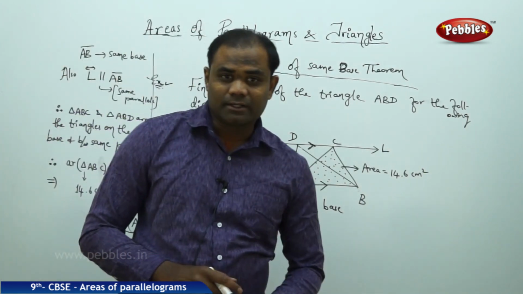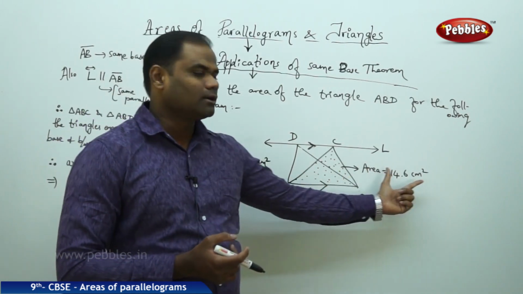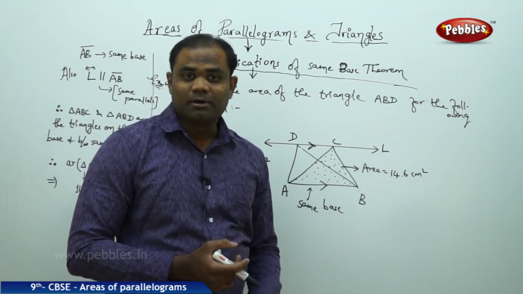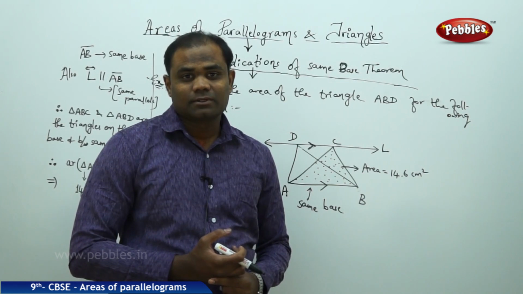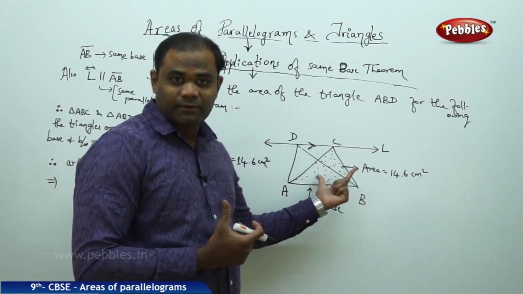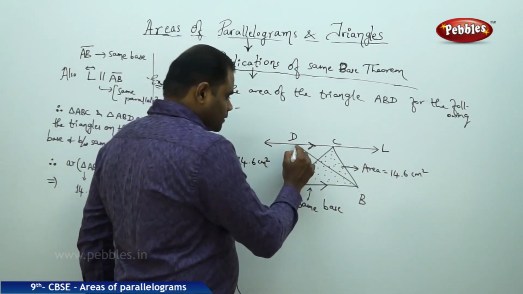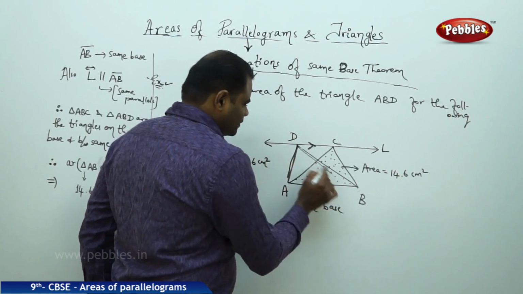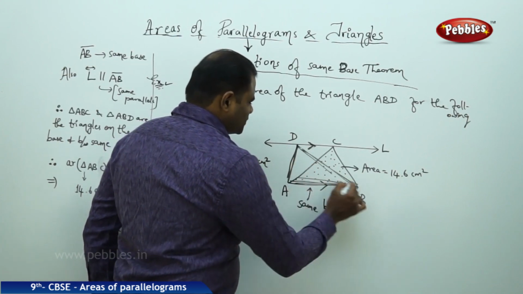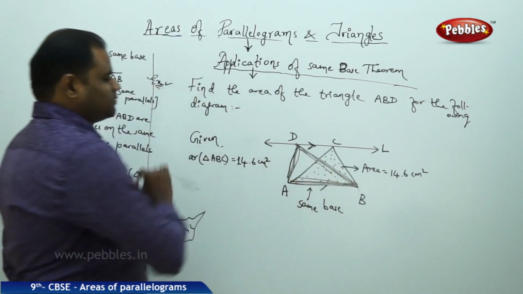Therefore, I can find the area of the other triangle using the area of the given triangle by using the same base theorem. The same base theorem helps me apply the concept in real life. As in this example, I wanted to find the area of this triangle, and I could do so simply by taking the same base theorem.